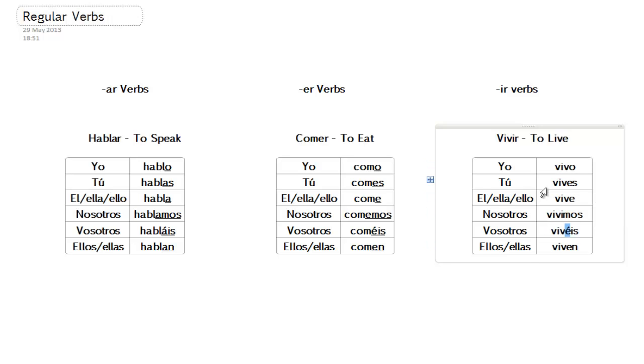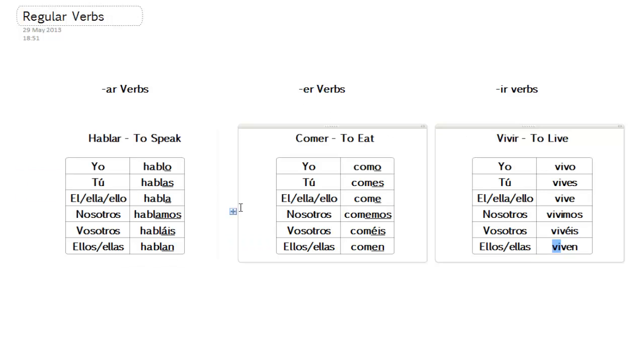So vivo, vives, vive, vivimos, vivéis, viven. Right? So the accent here is on this one, this one, this one, and it changes to here, and it changes to here, and it comes back to here. Okay, and it's the same with these as well. So the accents are all the same. So these are regular verbs.